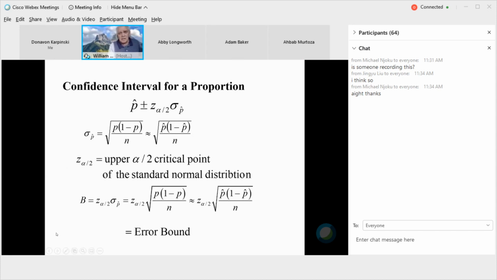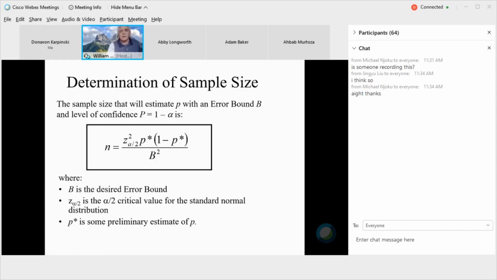The error bound b is what you add and subtract from p hat to get the upper and lower confidence limits. There's the formula that will give you an error bound of b, level of confidence 1 minus alpha. Now, it depends on the proportion that you're trying to estimate, so in order to do this calculation you might have to have a preliminary estimate of p. And again, if you don't have a preliminary estimate p star, use p star equal to 0.5.